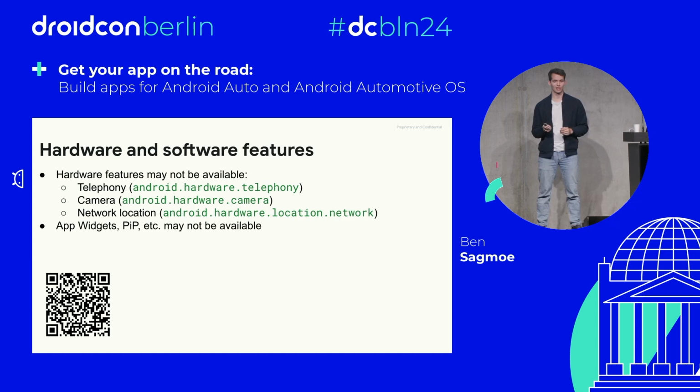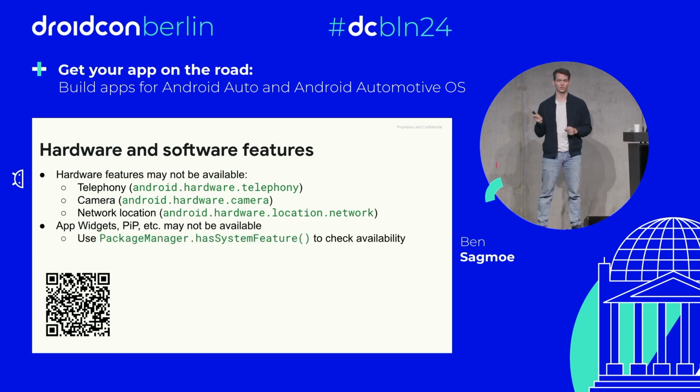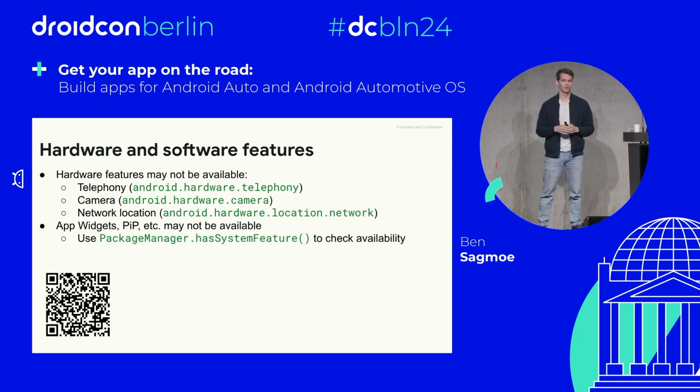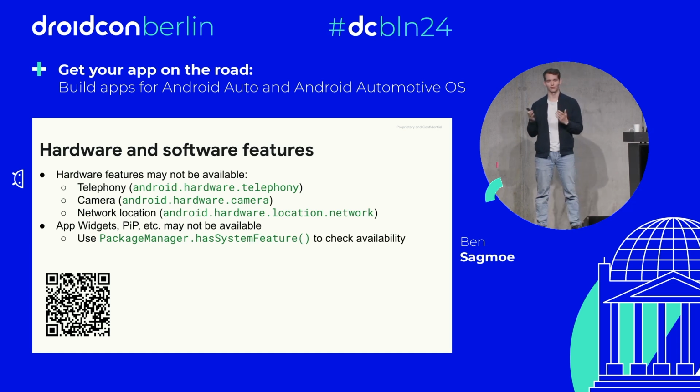Then on the software side, things like app widgets, picture-in-picture, and multi-window mode also might not be available on Automotive OS vehicles. The best way to do that check is just to use Package Manager to check at runtime. So if you have any UI, for example a button to enter PiP mode, you can just make sure it's hidden if the feature isn't present.